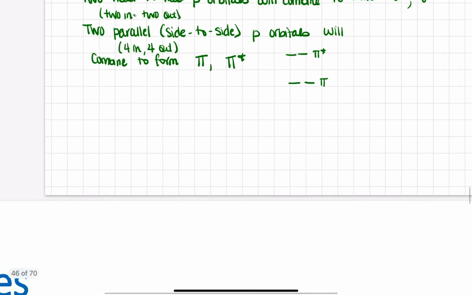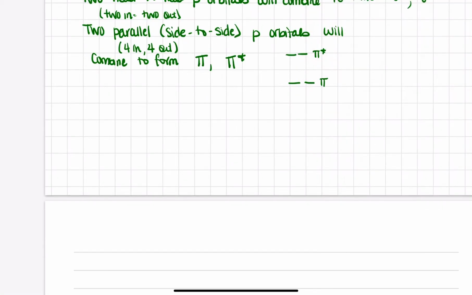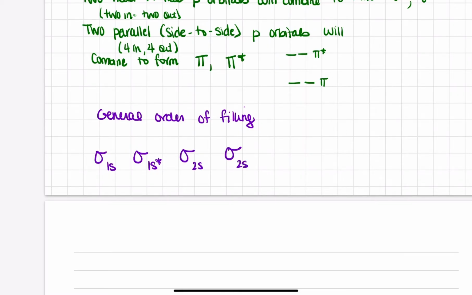The general order of filling, when you're making these, what you're going to find is you're generally filling sigma 1s, sigma 1s star, sigma 2s, sigma 2s star, just like we fill our atomic orbitals.